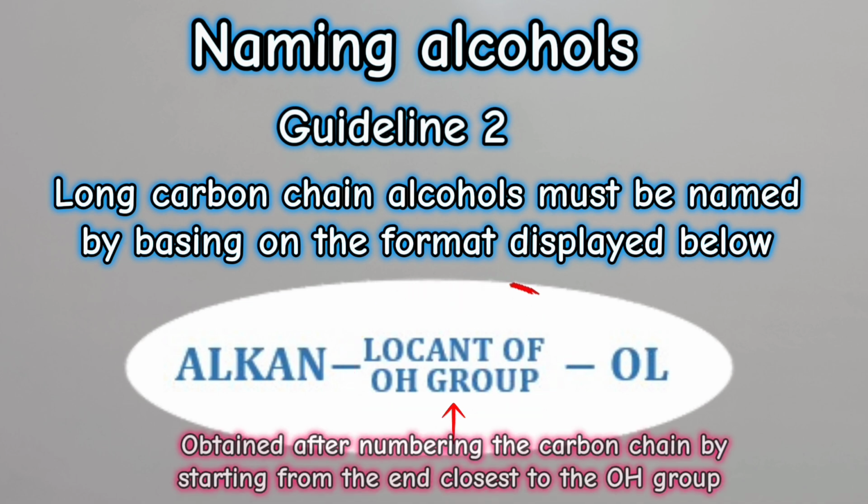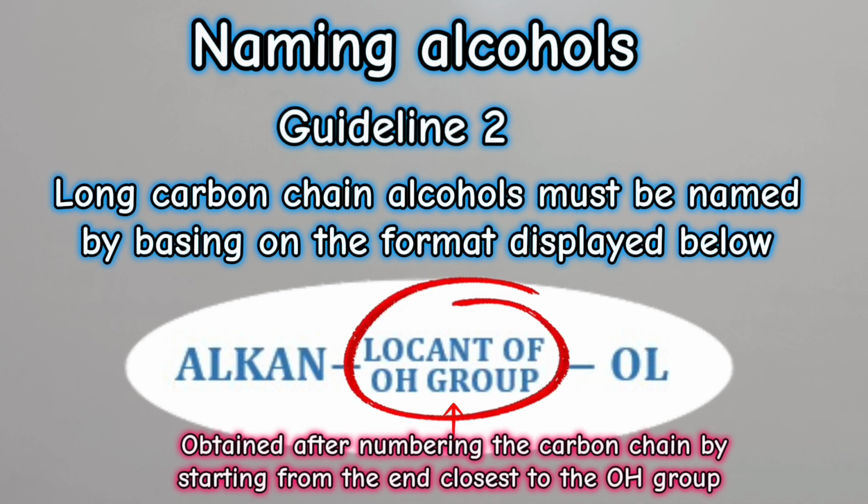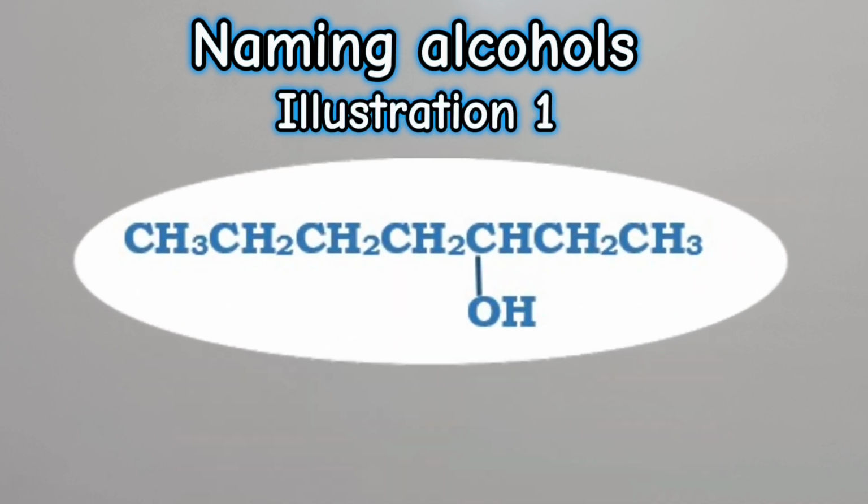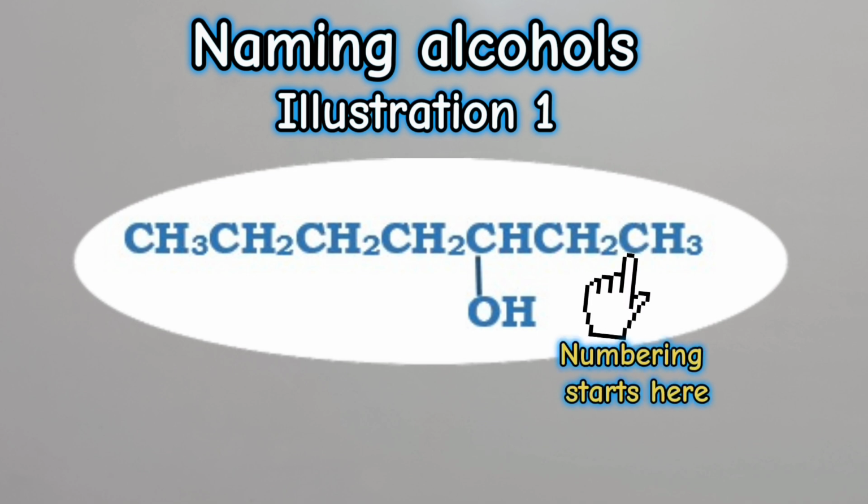We need to practice the format displayed there by using our displayed compound. Now, if you carefully observe the compound, the numbering is going to be from the right hand side of the chain. Why?